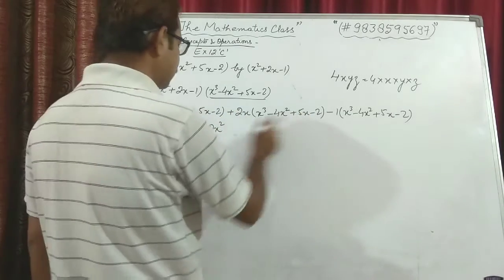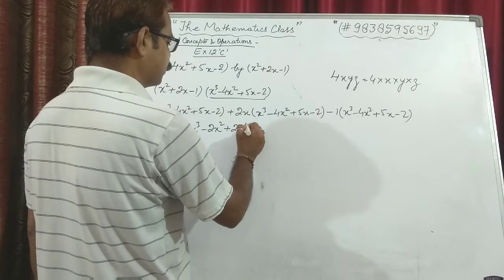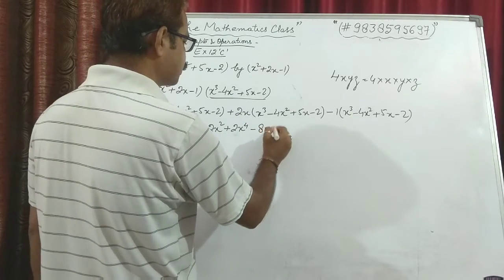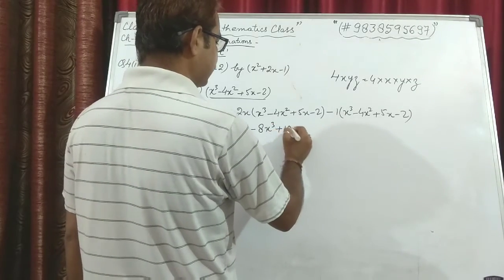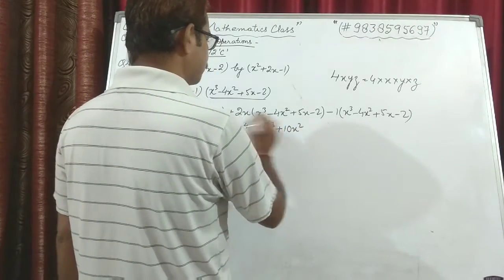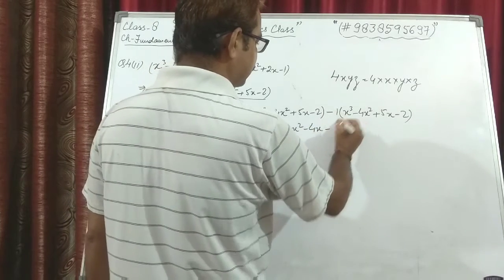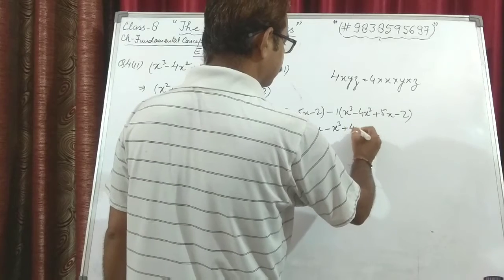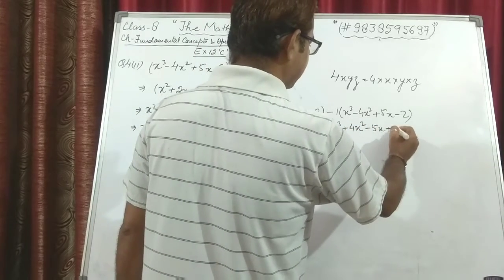Now 2x again to multiply to all this: 2x into x cube is 2x to the power 4, minus 4 2s are 8x cube, then 5 2s are 10, so plus 10x square, 2 2s are 4, minus 4x. Then minus 1 into x cube is minus x cube, minus minus plus 4x square, minus 5x and plus 2.